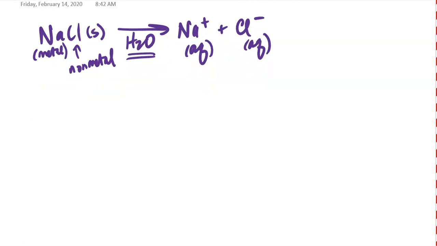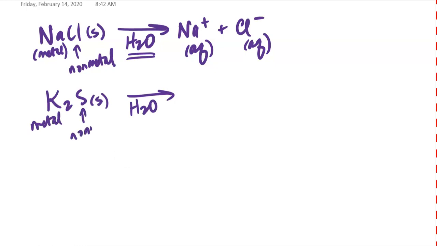It's entirely possible that I have something like potassium sulfide as a solid, and I put it in water. Again, potassium is a metal, and sulfur is a non-metal. And so I'll still get the component ions back again.